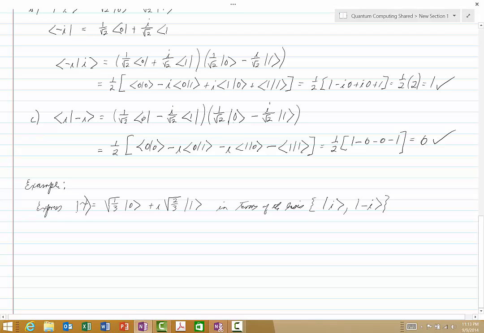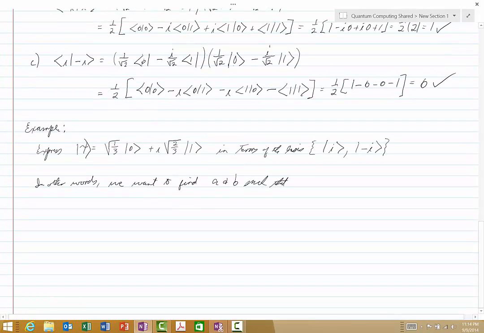In other words, we want to find A and B such that C is equal to A times the i ket plus B times the minus i ket.